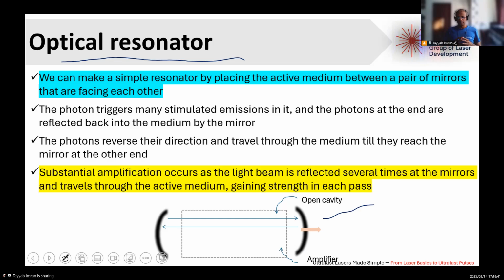What the optical resonator or cavity does is, when the photons are generated in the laser medium, it amplifies them. How? When they move to and fro like this.